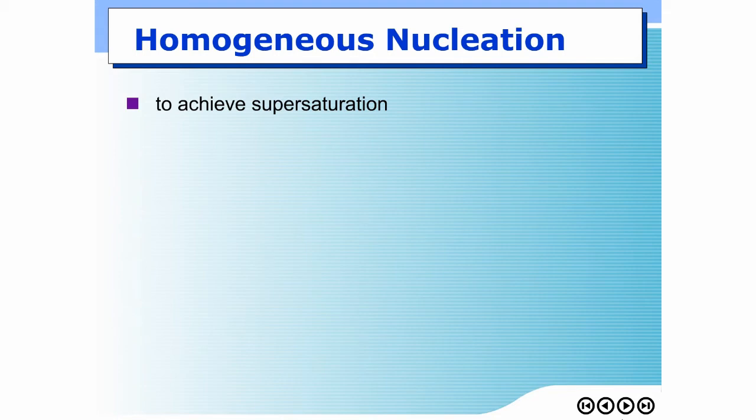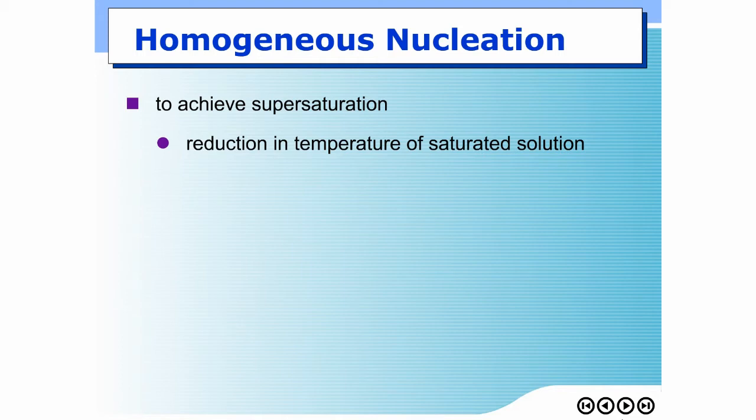In order to achieve supersaturation, we can do several things, mainly two things. First, just like what I gave as an example, we can reduce the temperature of the saturated solution. Okay? Just like this diagram, if I prepare a solution by adding sugar and water continuously, concentration of the sugar in the liquid should follow the blue line, this line.